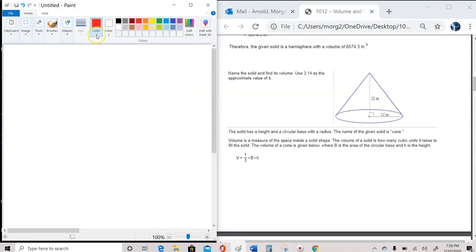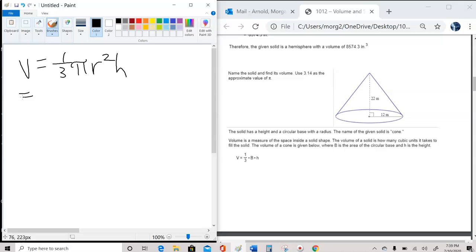So the volume is the volume formula. I'm going to use a different formula. The capital B represents the area of the base, but since the base here is a circle, we can replace capital B with the area formula for a circle, and that's pi r squared. And then bring down the h.